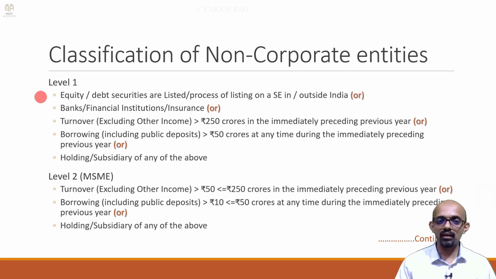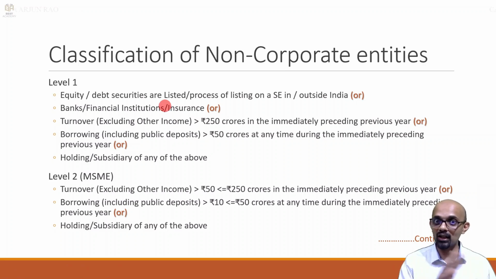It should either be a listed company, or a bank or financial institution or insurance entity, or turnover greater than 250, borrowing greater than 50, holding or subsidiary of any of the above. If I want the opposite of this, then I will say not listed and not a bank, because if any of these criteria are satisfied, it is level 1.